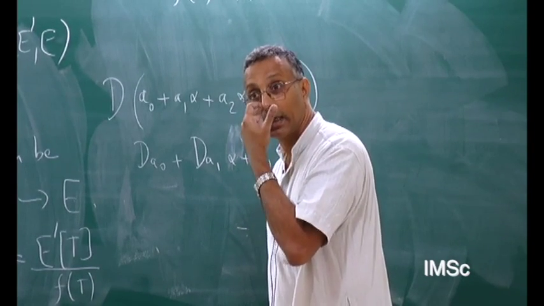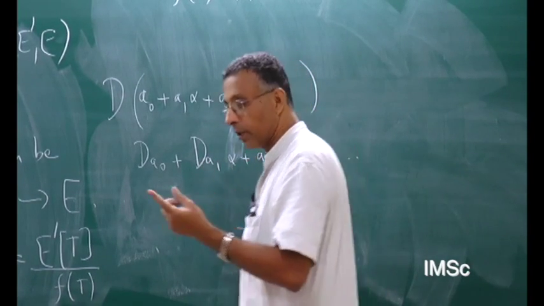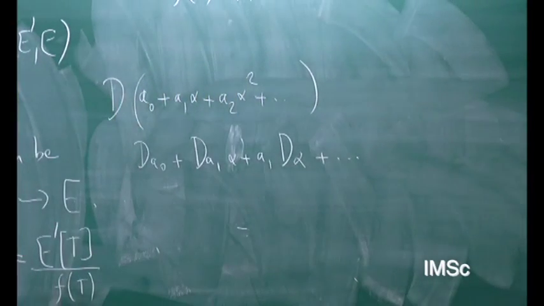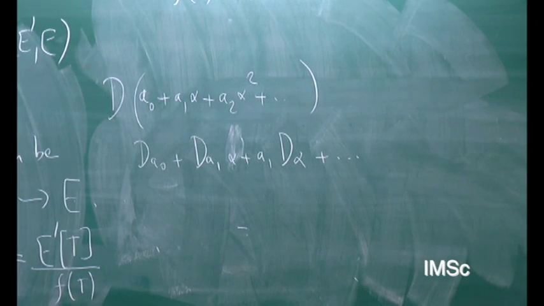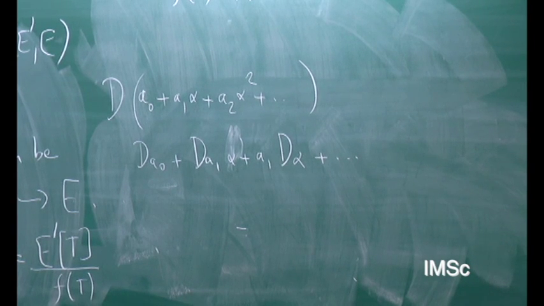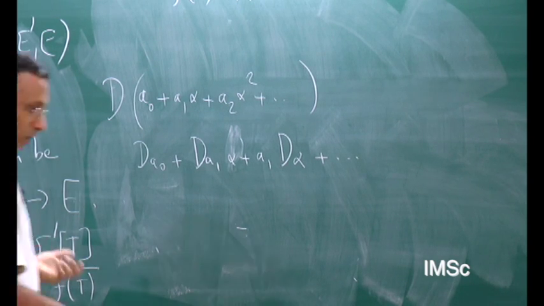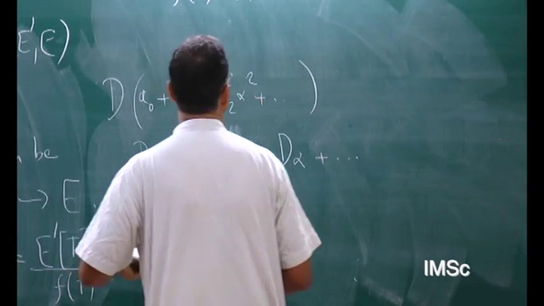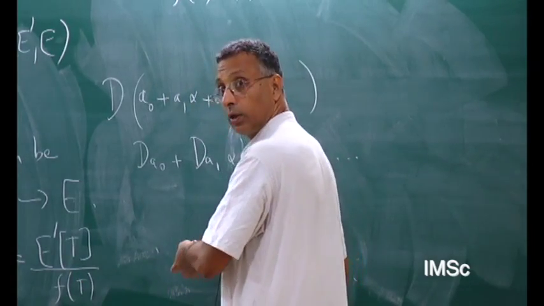So if I know how it acts on alpha, that determines the derivation. The problem is it must be consistent. I can't arbitrarily define it on alpha. There are constraints, and I have to make sure those constraints are satisfied. That's the problem.